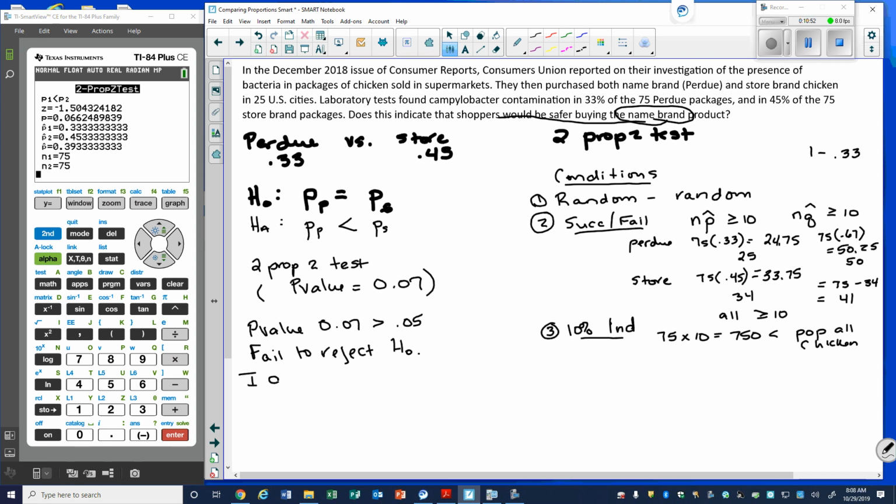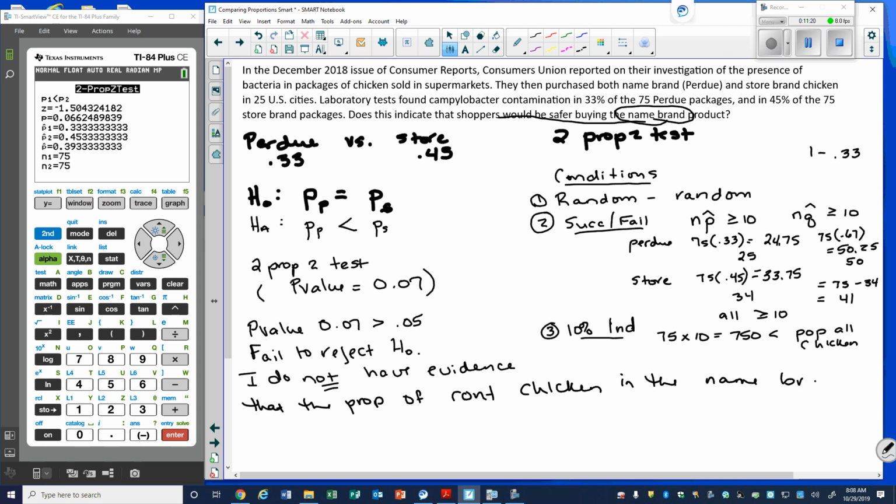That means I do not have evidence of the alternative. So because my alternative was this right here, I do not have evidence that the proportion of contaminated chicken in the name brand is less than that of the store brand.